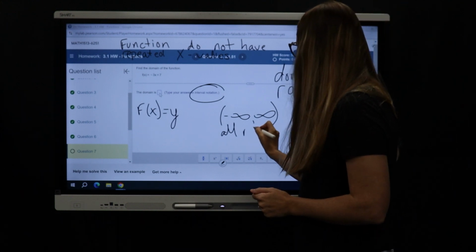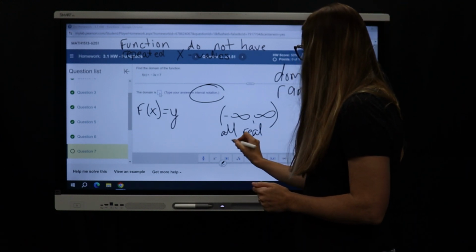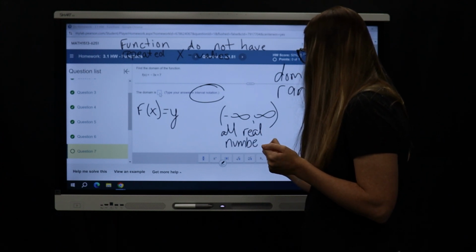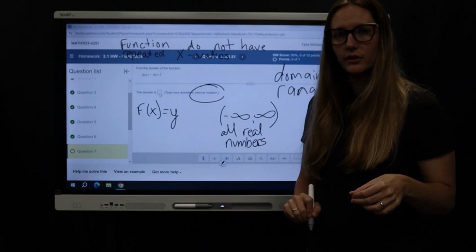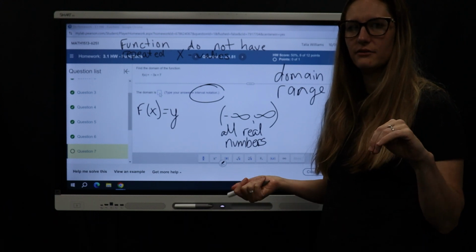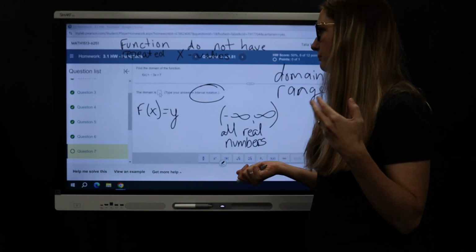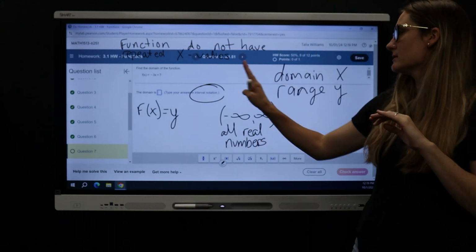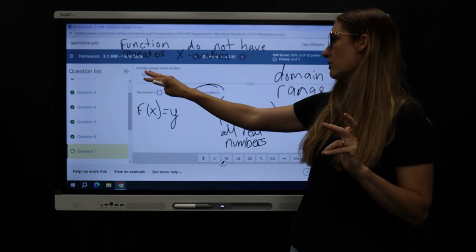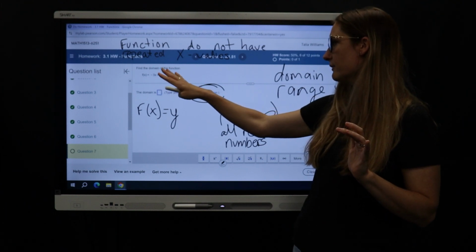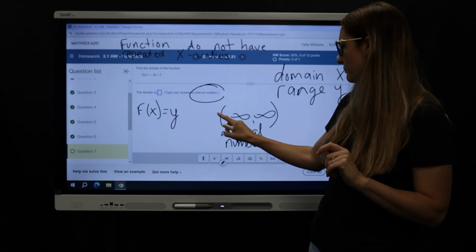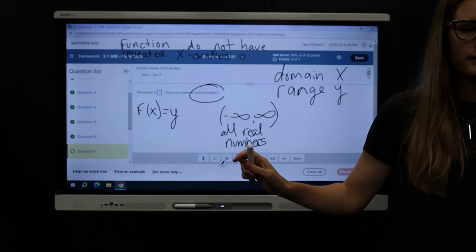There's nothing that's going to make this undefined or not real. And I keep saying not real because if we had a negative under a square root, that would be not real. I think there's an example like that. So since this is a linear equation, it is a line, there's nothing that makes this undefined or not true. This is our answer because they want interval notation, negative infinity to infinity.